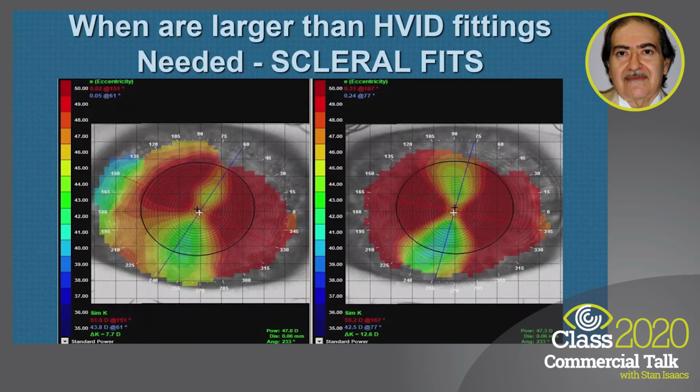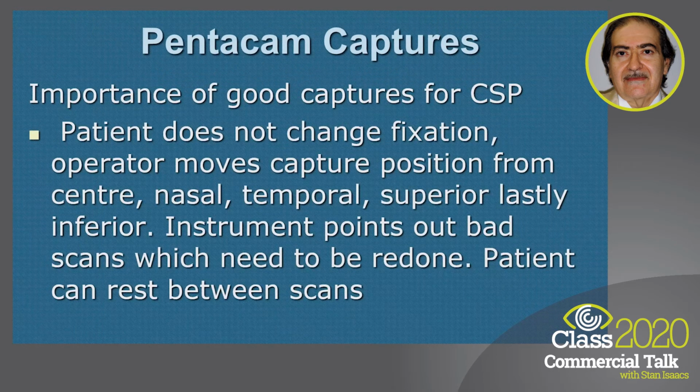Now, in order to fit all these people, you really need to be able to measure the sclera accurately. Plus, you also need to go over the cornea because you don't want the lens to touch any part of the cornea either, right? So you do need to have good captures with a Pentacam.